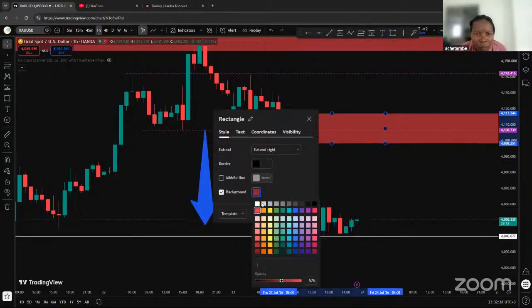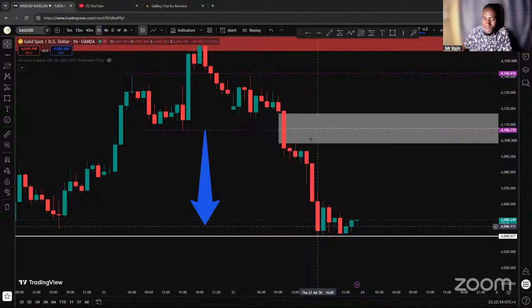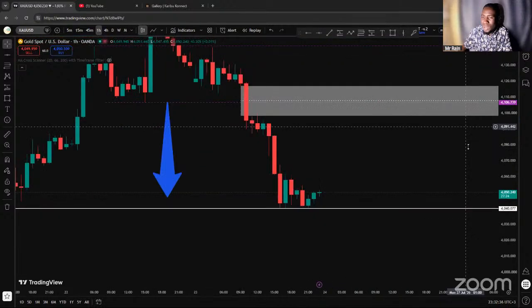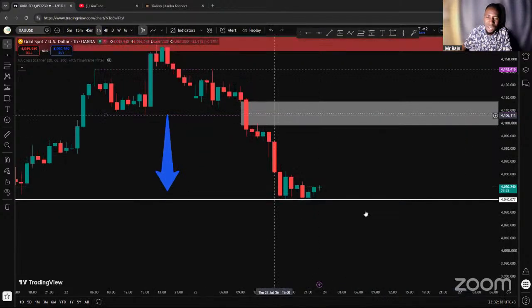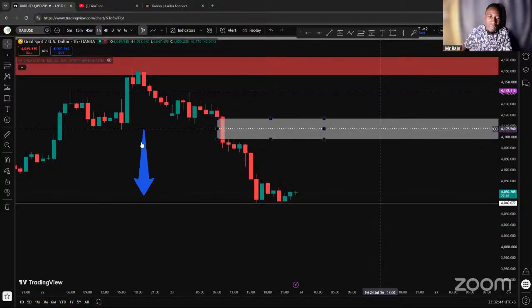Fair value gap. Yes. So the market left a fair value gap here, and most of the time it will try to come back and cover these gaps. Because we have already covered this distance, there are two possible scenarios.